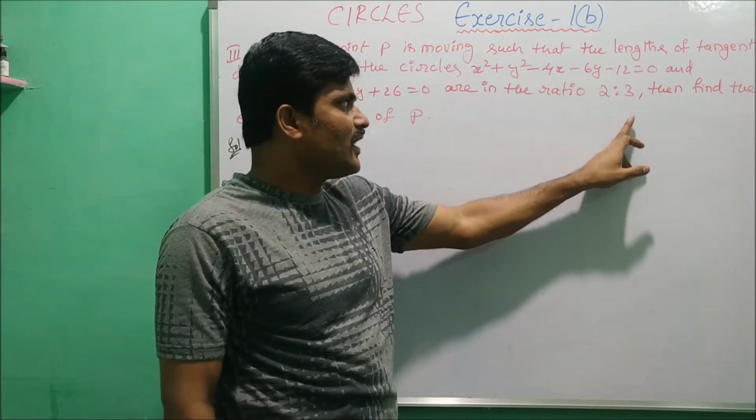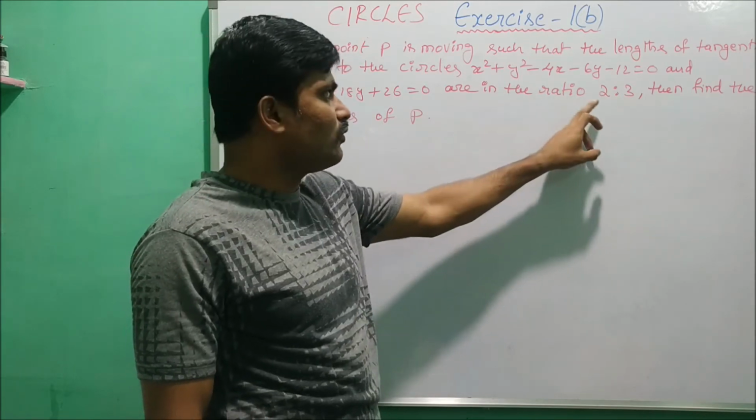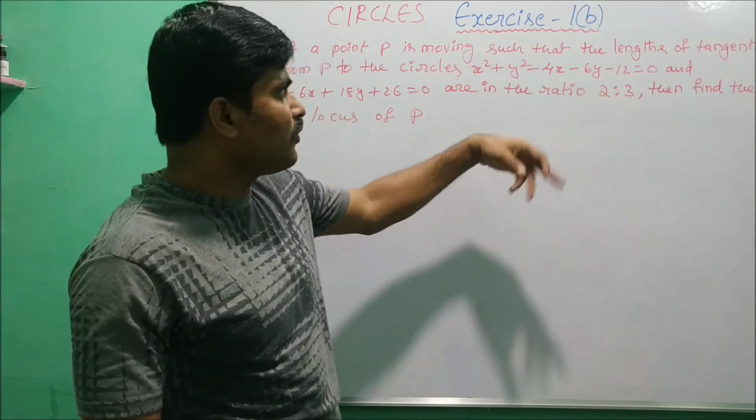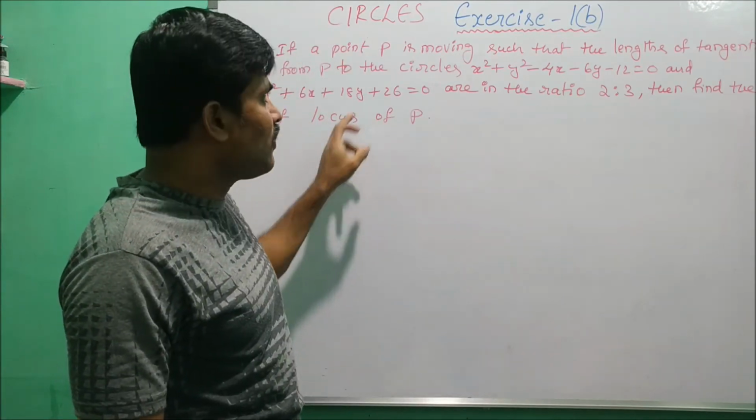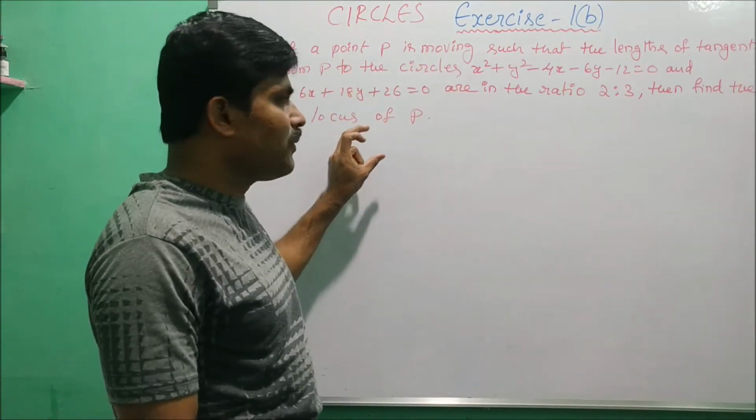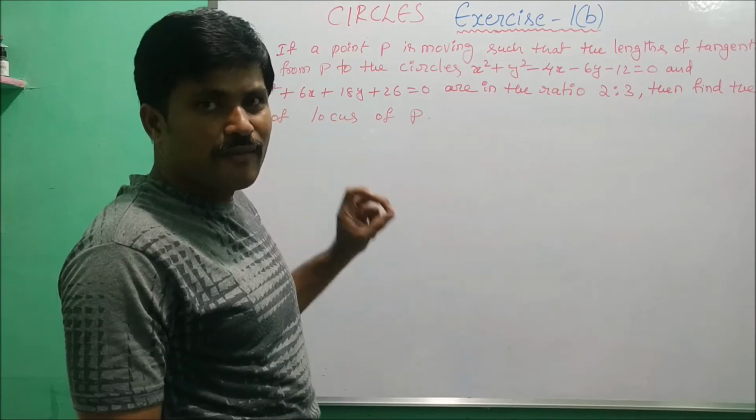Here the ratio of the lengths of the tangents is given as 2:3, and we have to find the equation of the locus. Consider the point P of x1 y1 as a point on the locus.